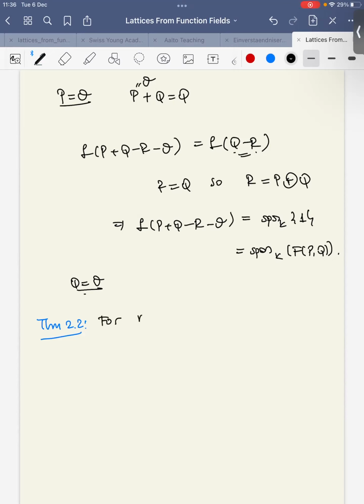For an integer n bigger than or equal to 1, by NP, what I mean is P plus P, the n-fold sum of the rational place P. This is an n-torsion point, that is, n should be the smallest integer such that this n-fold sum is the identity, if and only if L of NP minus NO is nontrivial, where I denote the summand count by N, and here I mean the divisors NP and NO.